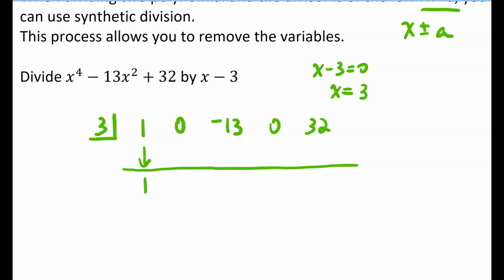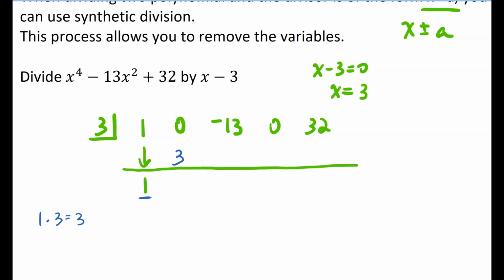Then we look at the term we get down here and multiply it by what's in the box. So 1 times 3 is 3. We're going to put that 3 up here. And now I'm going to add that column together.